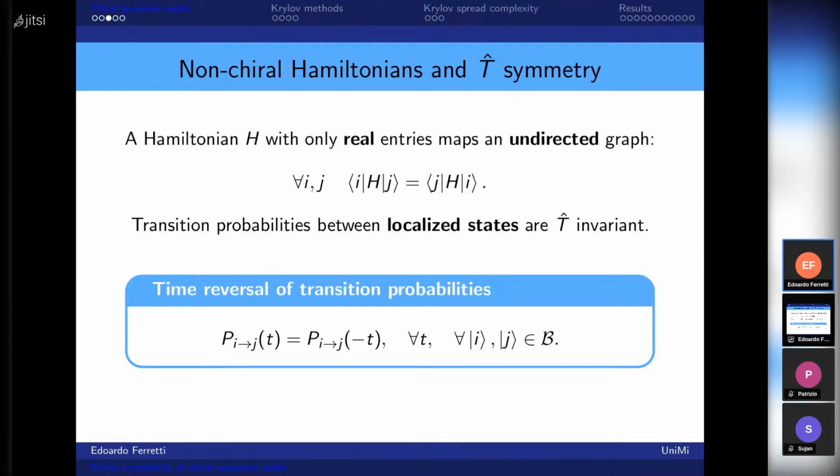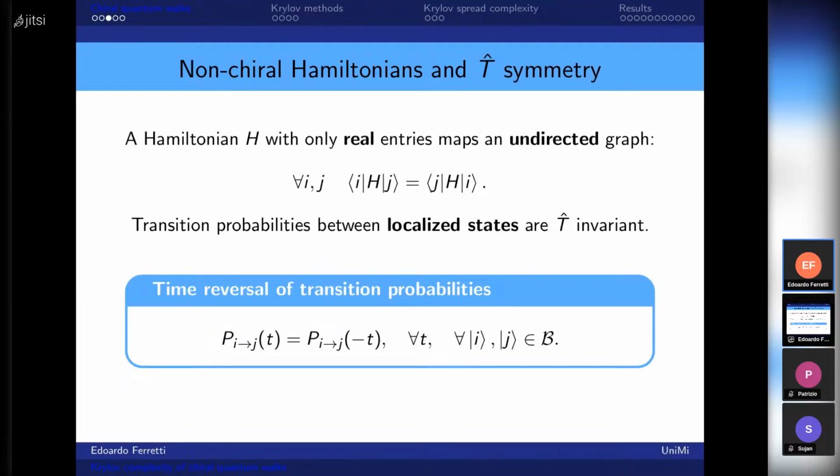And this is a constraint on the dynamics because, for example, of topologies which have a reflection symmetry. Imagine a closed chain. If we start the walker in one of the vertices, the probability of going to a vertex and to its symmetrical one is the same.